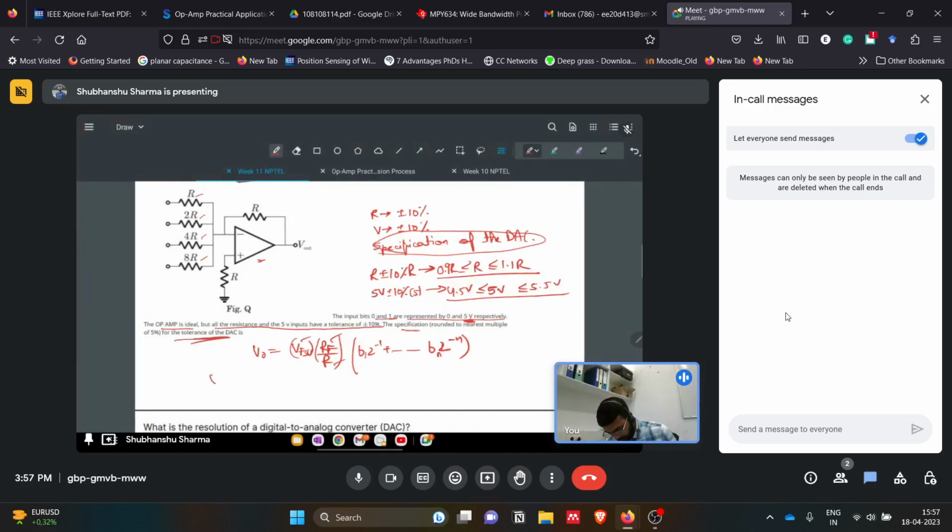So what is V0 max? It will be the maximum tolerance of voltage, 1.1, times the maximum tolerance of the resistance, 1.1, and the resistance in the denominator should be minimum, that is 0.9. Then in that case this will be maximum, so this will be what? 35%.